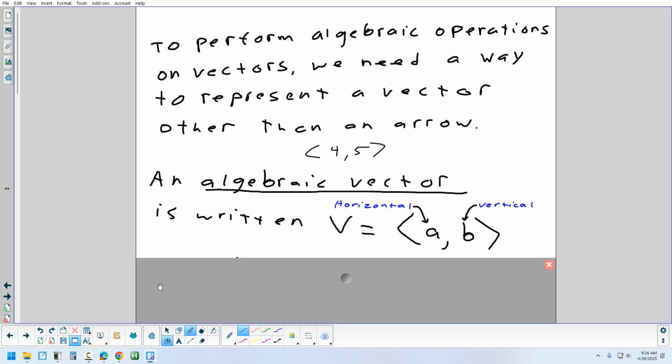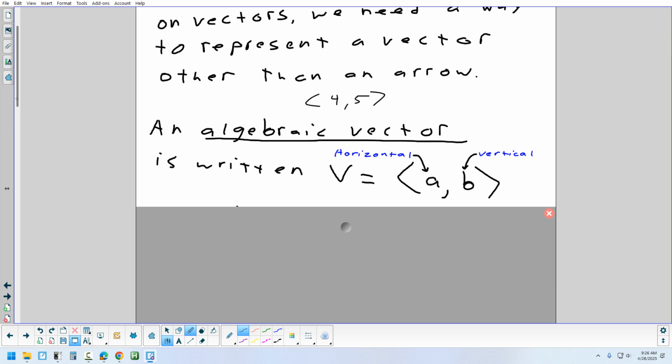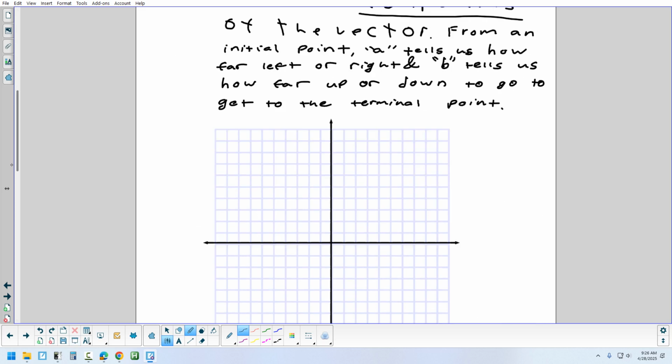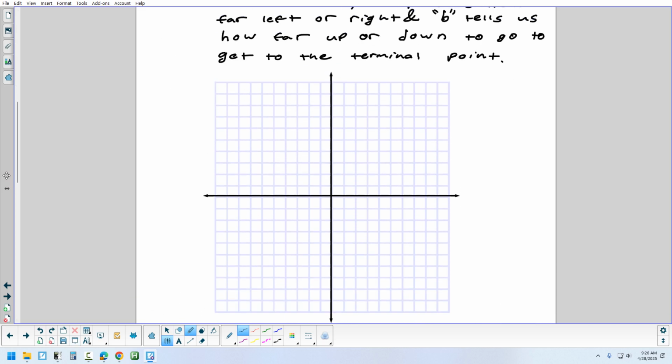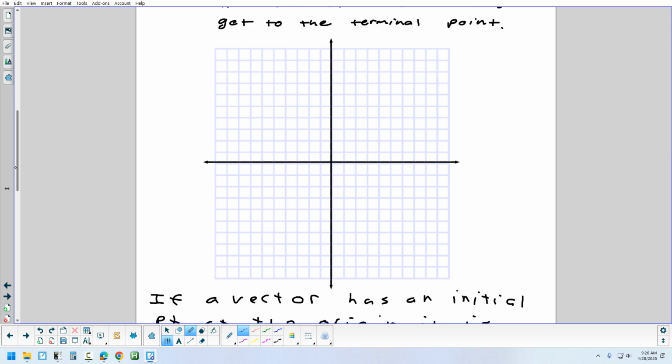So what does each number mean in the vector? Like what's the 4 and what's the 5? The 4 and the 5 are what we call components of the vector. Okay. So let me show you right here. And I'm going to scroll back up, so don't worry. If I wanted to draw the vector 4, 5, I can put it right there.